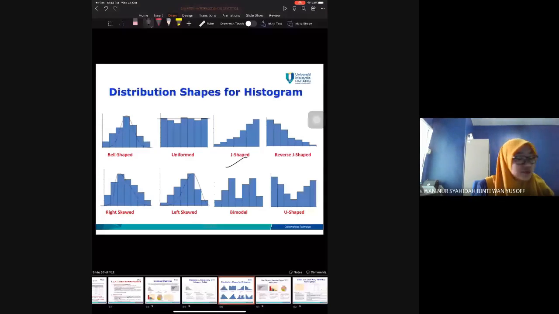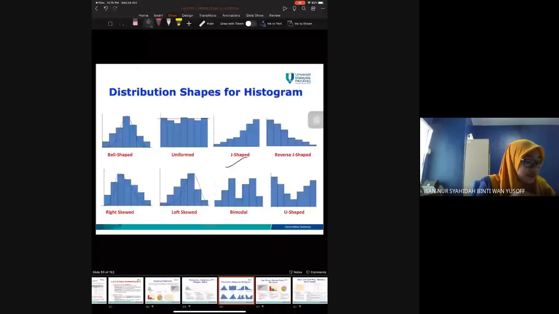You might not get exactly this one, but it should be close to one of these 8 patterns. So when you analyze your histogram, try to get the closest pattern that you can, based on your data.